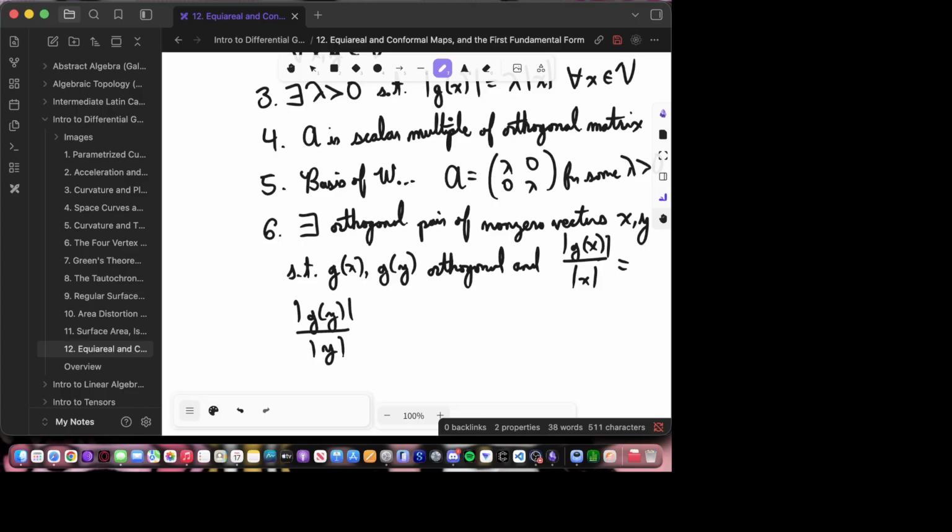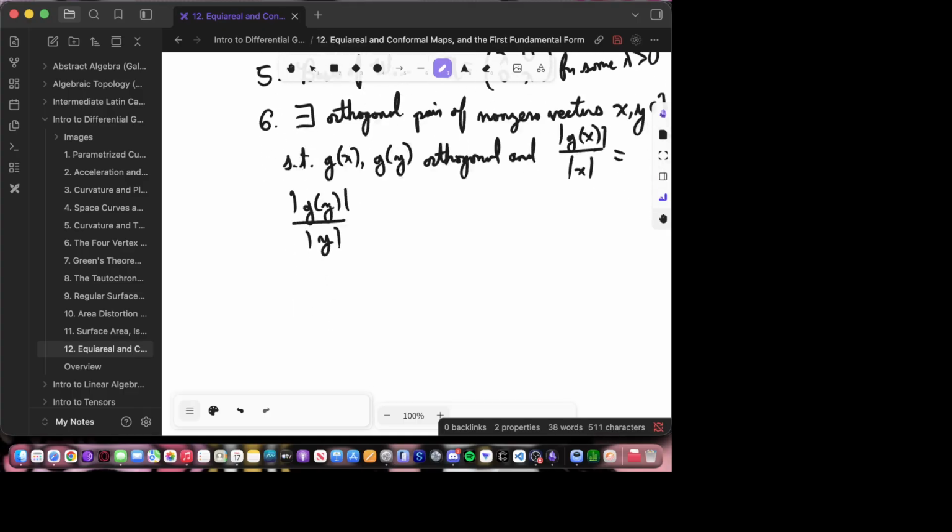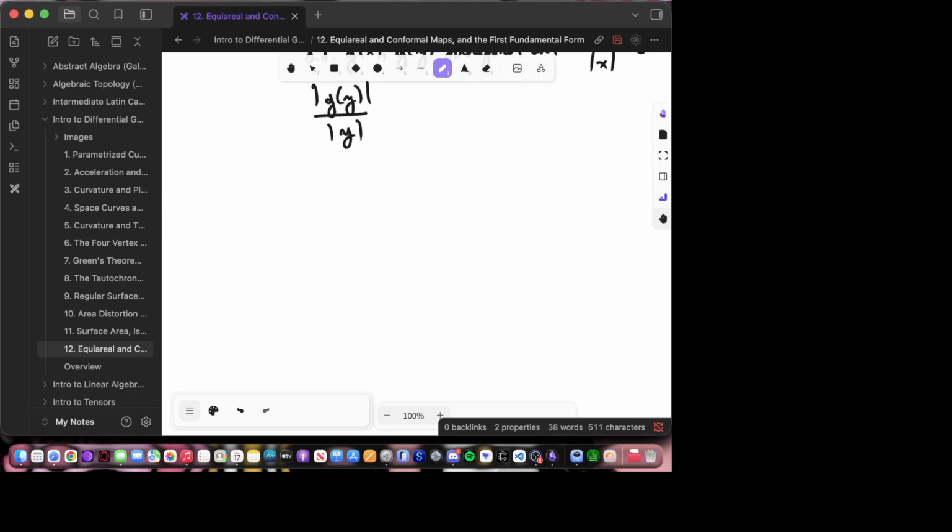So now that we covered all that, let's discuss equiareal and conformal maps proper now. Suppose S1 and S2 are regular surfaces.